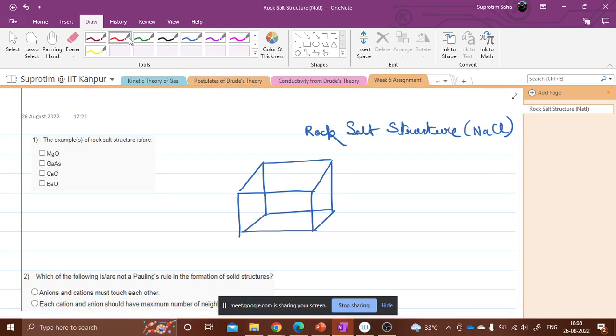So the atoms will be sitting at the corners, and the faces also. These are the faces.